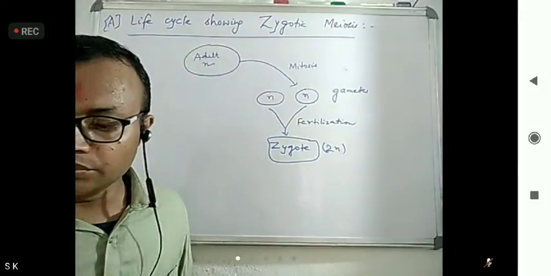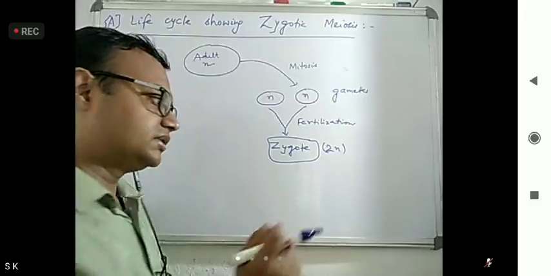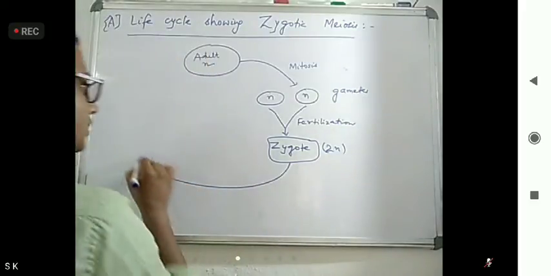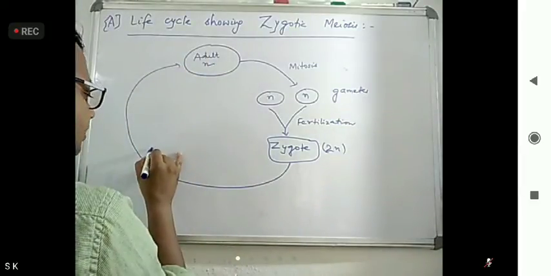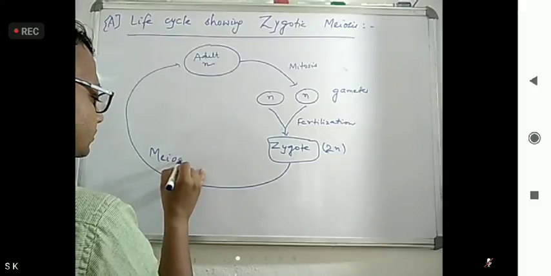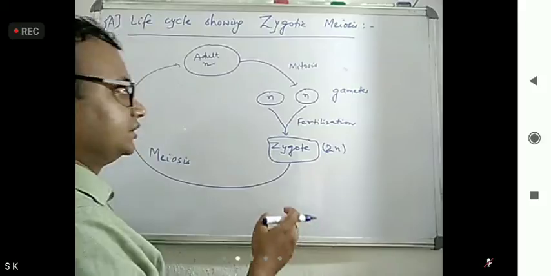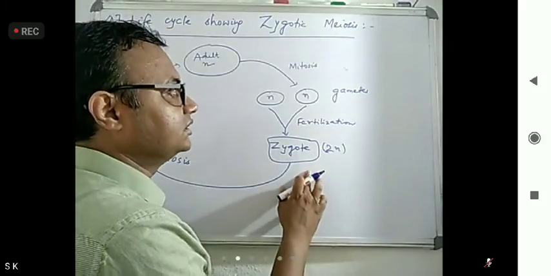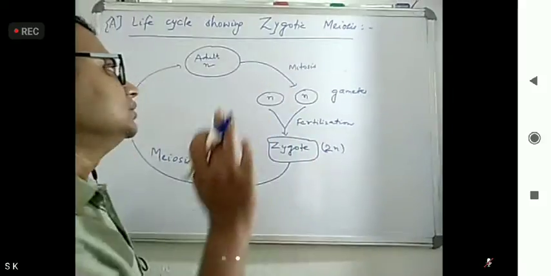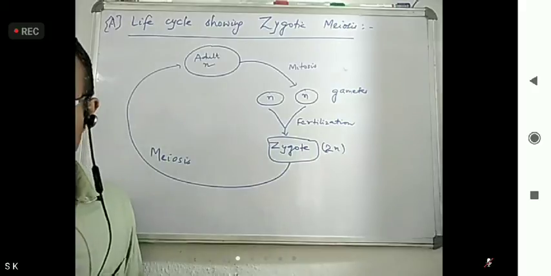Now, then again what happens? In the zygote, meiosis takes place. Since meiosis occurs in the zygote, that's why it is known as zygotic meiosis.